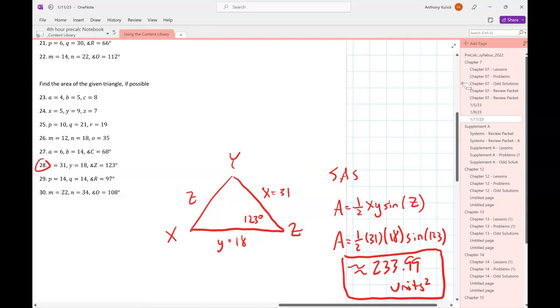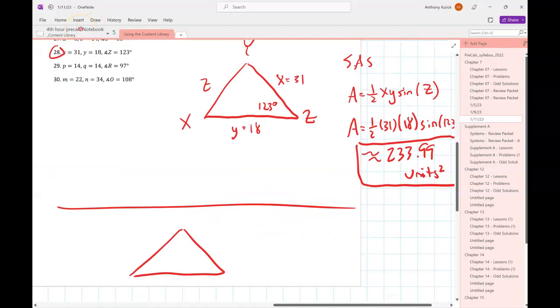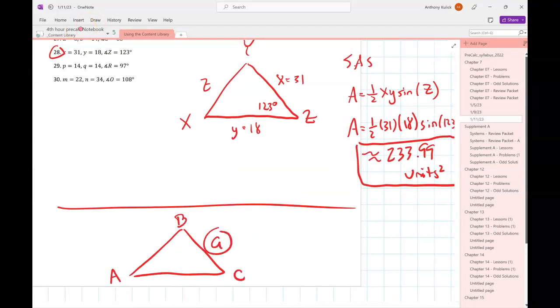Because you'd have something like A, C, and then angle A. So you'd have to solve for angle B in order to plug this in. Unfortunately, the last thing that you find is that angle B. So it's just a big hassle where I have to solve the triangle before I can plug it into the formula.